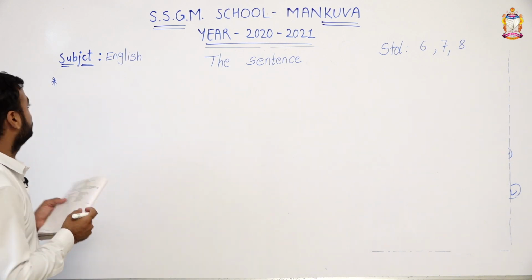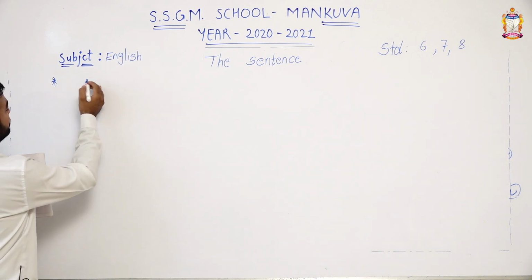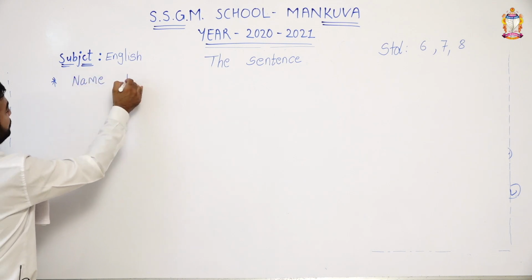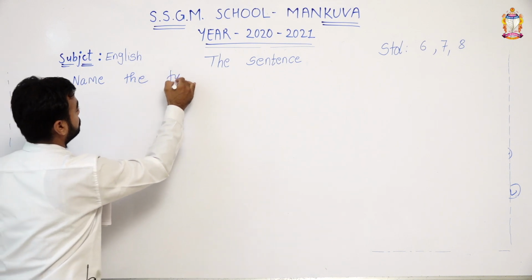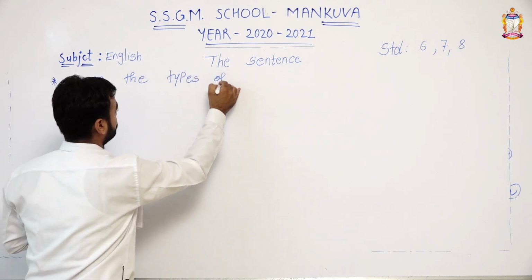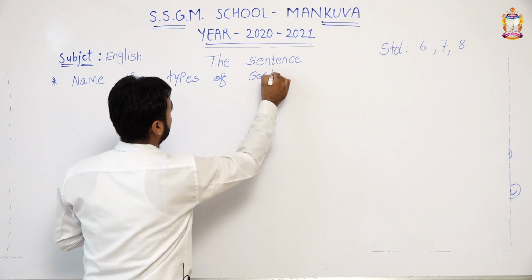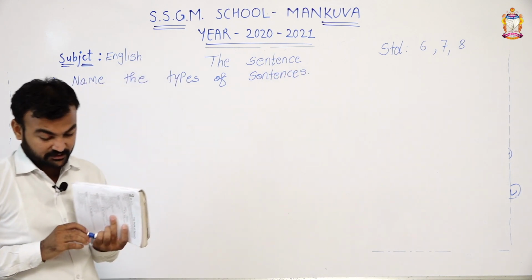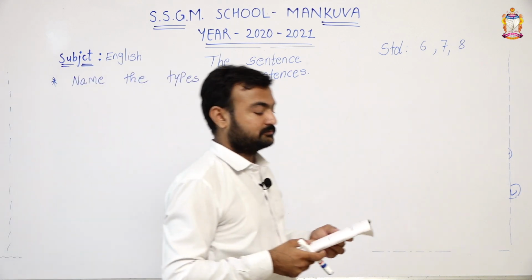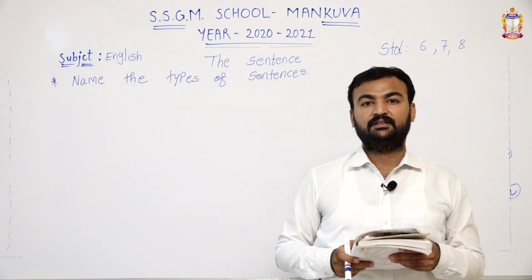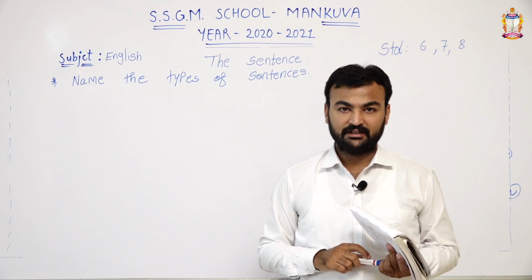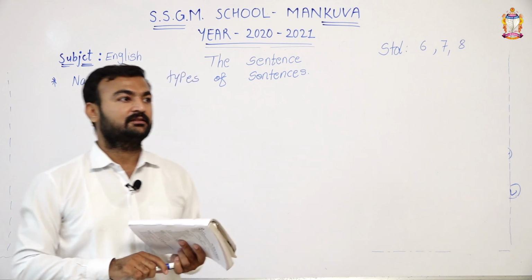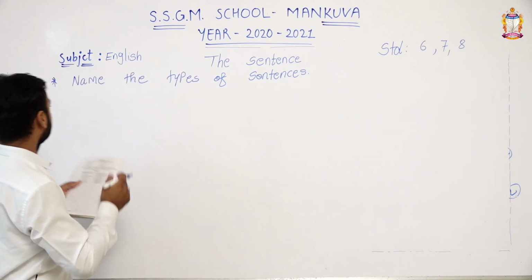Now, exercise for types of sentences. Name the types of sentences. Over here, you have to name the type of sentence, whether it is an imperative sentence, exclamatory sentence, and so on. So I am writing the questions.